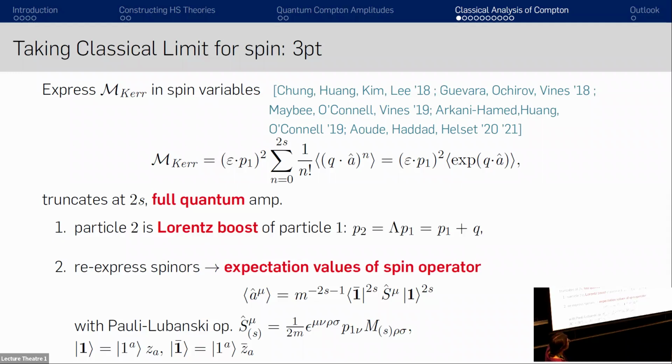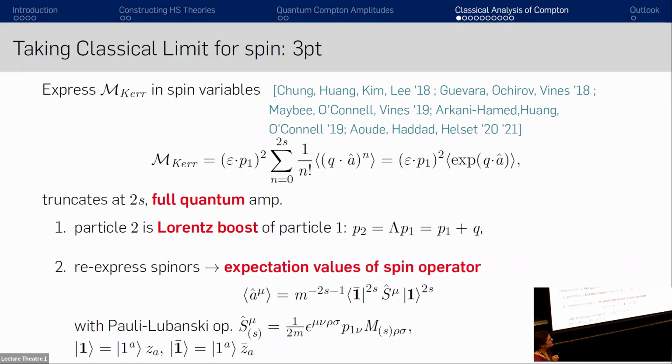I'm going to skip this slide quickly. Basically, in order to do the classical limit with spin, you want to extract a spin-dependent quantity, which is a vector. We want to extract the ring radius of the Kerr black hole. And the way we do it is by identifying expectations of a spin operator. The operator satisfies the usual commutation relations for spin.